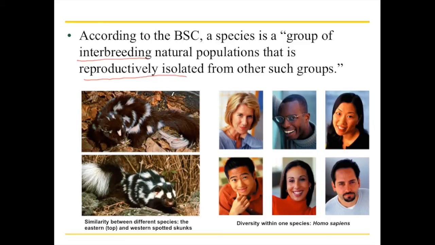Today, we can see many examples, but we realize that in some cases, species are very diverse, such as the human species, but all human races and all human populations are still able to interbreed. And that's why we call that species Homo sapiens, and there are no other species. Secondly, in some cases, you find that there are species that are very similar, but for one reason or other, they cannot interbreed.